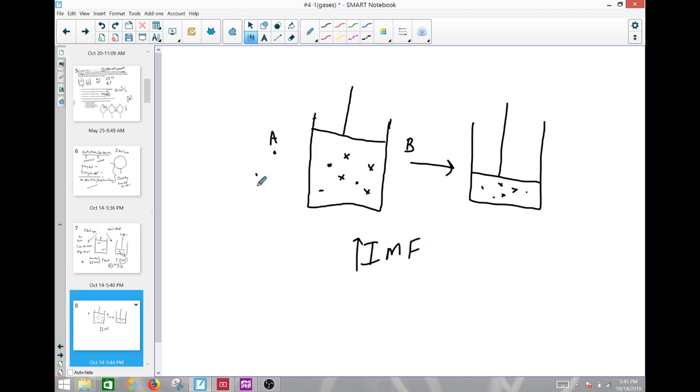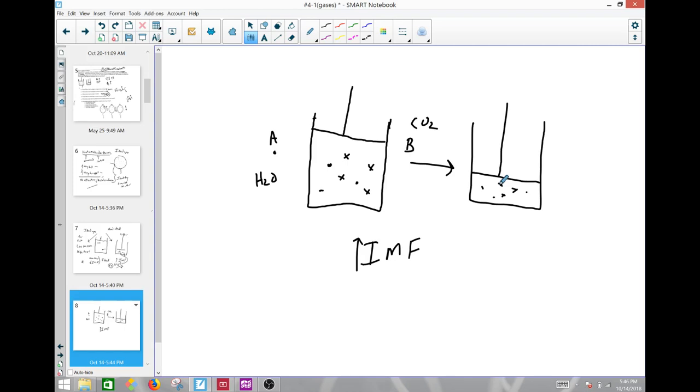If A is water and B is carbon dioxide, then A can hydrogen bond and B only has London dispersion forces. So A is going to condense first and B will stay gaseous longer. Eventually enough pressure could get them close enough together that carbon dioxide would turn liquid as well, but that's a lot of pressure.